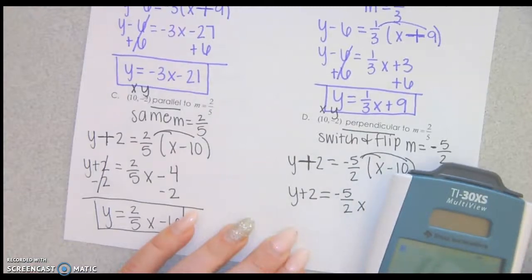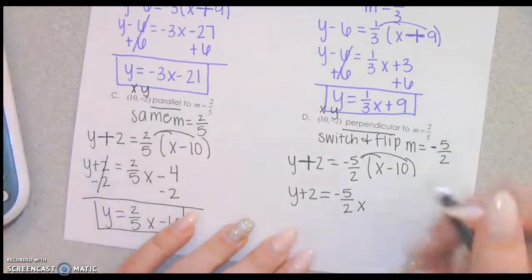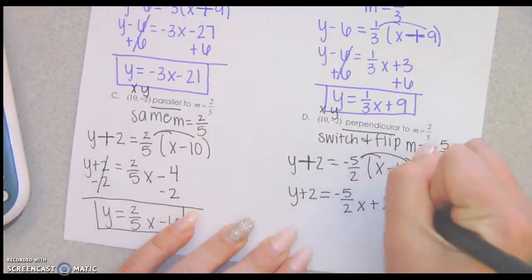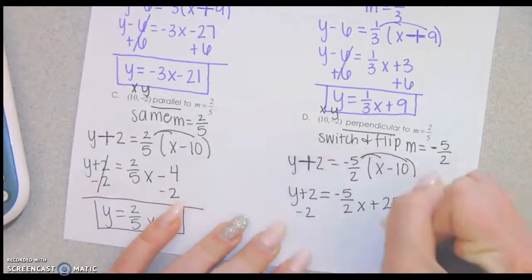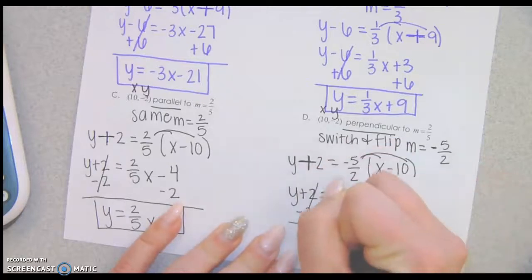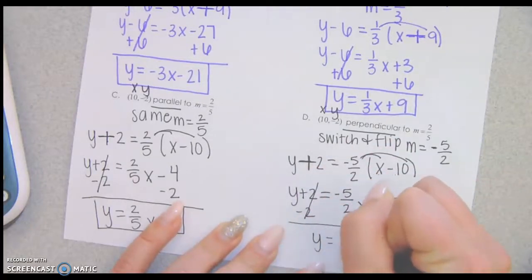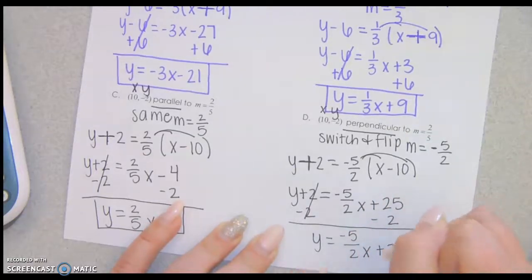Plug it into the calculator, so -5/2 times -10, we get positive 25. And then last step, subtract 2 from both sides. So y equals -5 halves x plus 23.